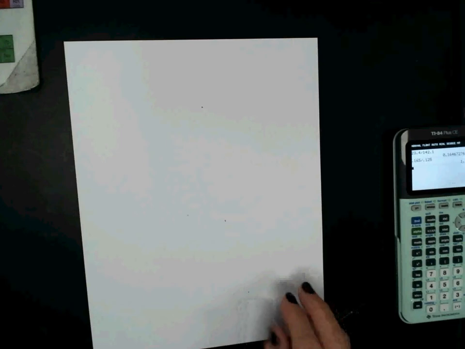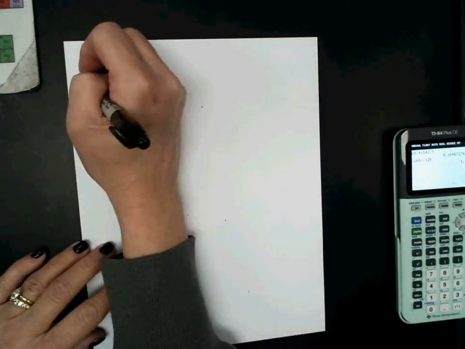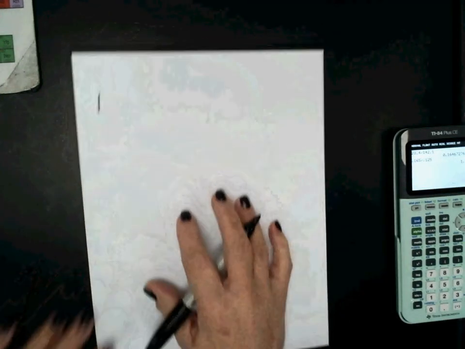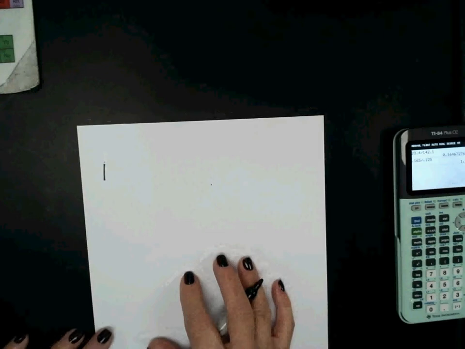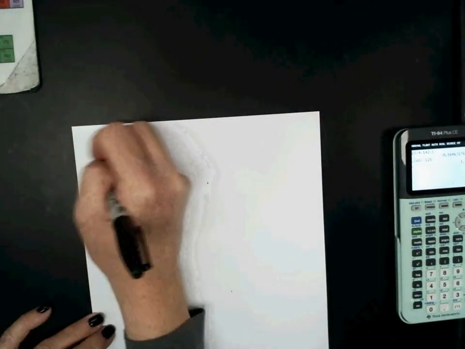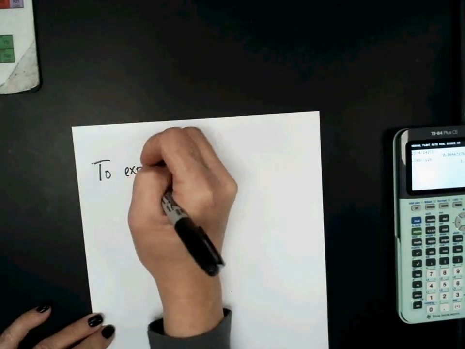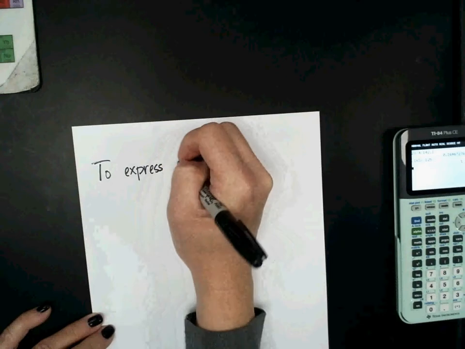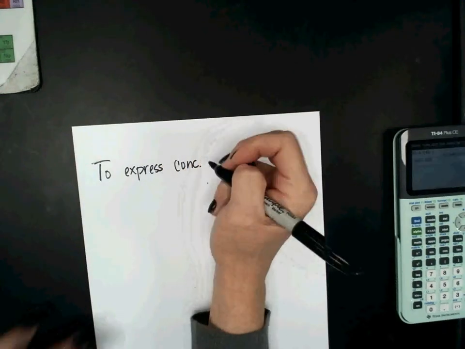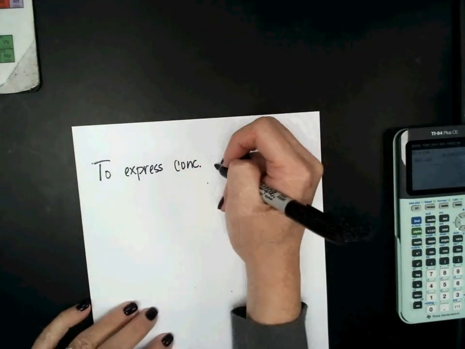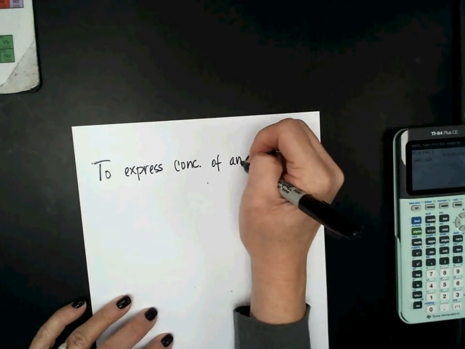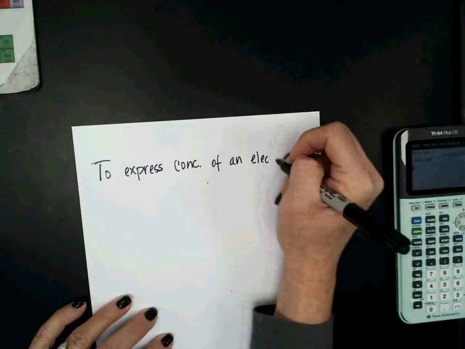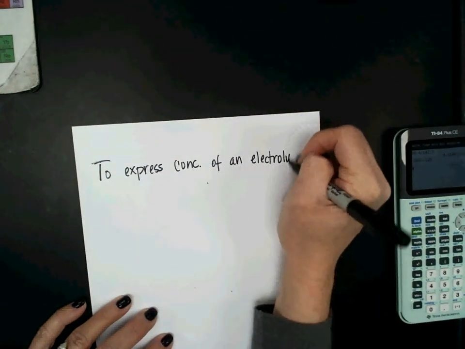And it's called in the form of electrolytes, and we'll talk about it a little bit. So let's say I want to express the concentration of an electrolyte.